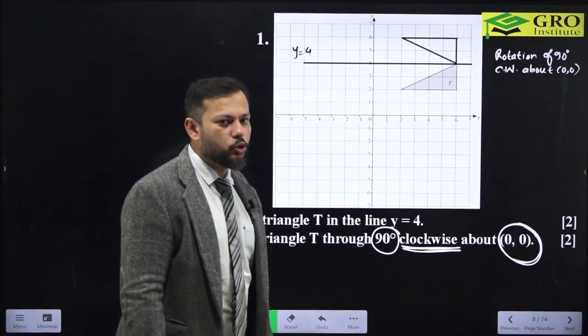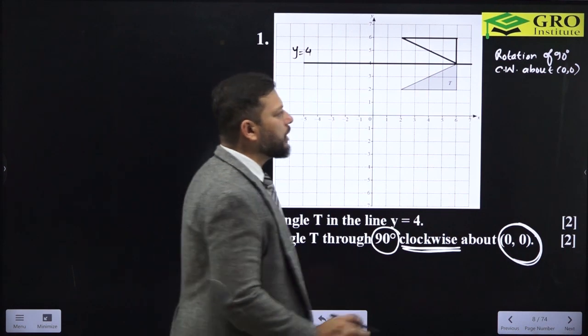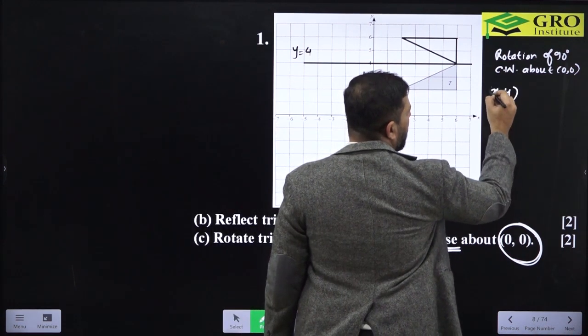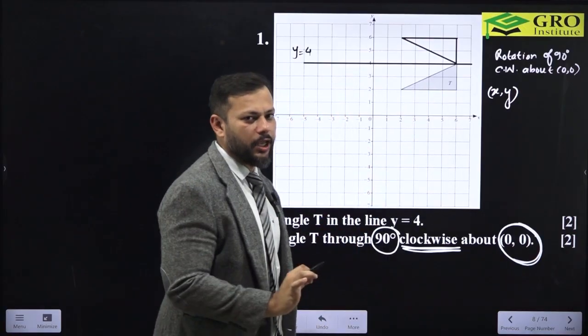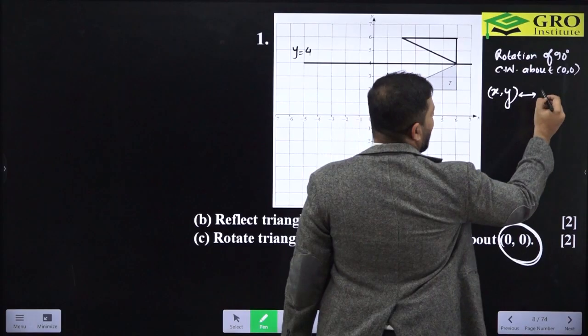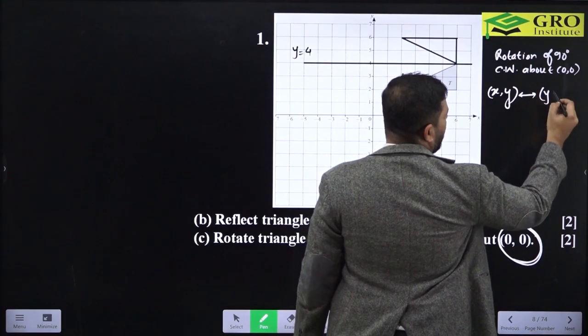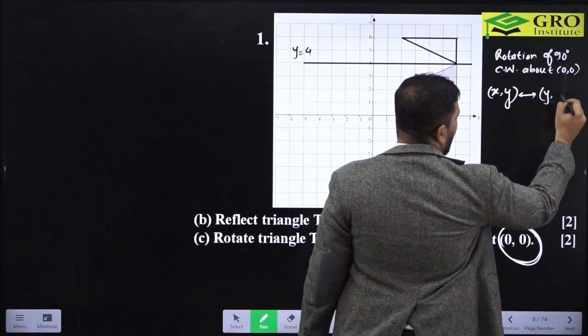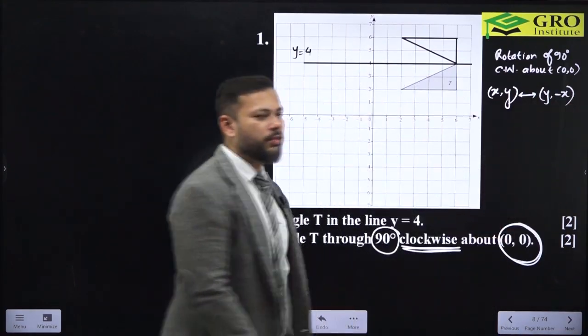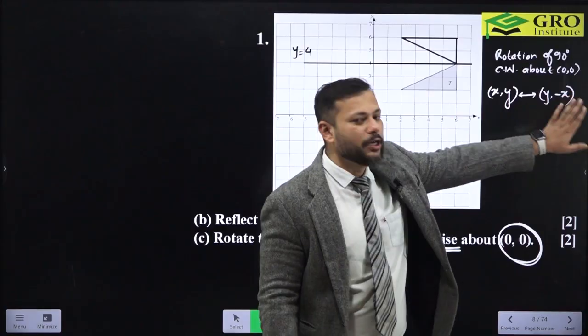So what we need to do? Whatever the coordinates of the original shape, they will interchange their places. That means x becomes y and y becomes x, and also we have to put a negative sign on the new y coordinate.